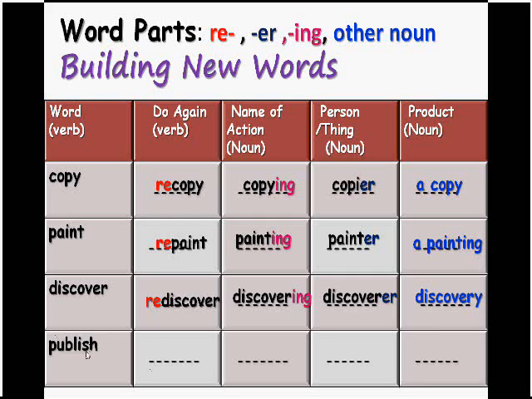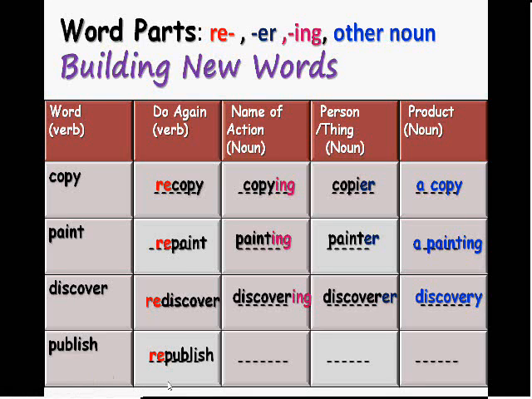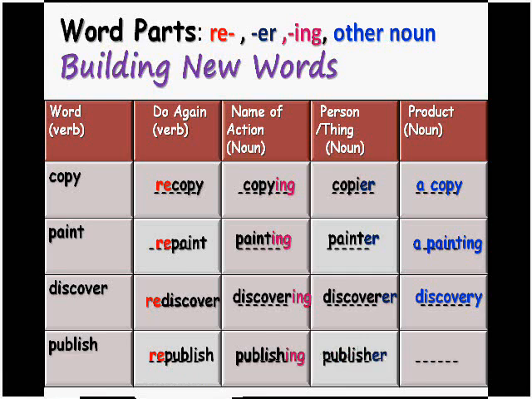The last verb we're going to look at is the verb publish. So do again is of course republish. The name of the action is publishing. The person is the publisher, and of course the product or the noun here is publication.